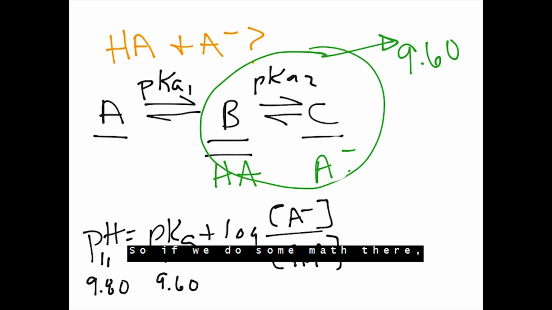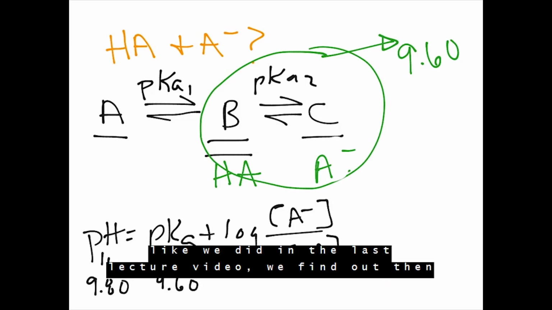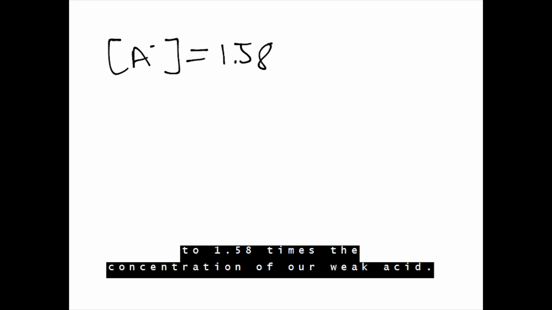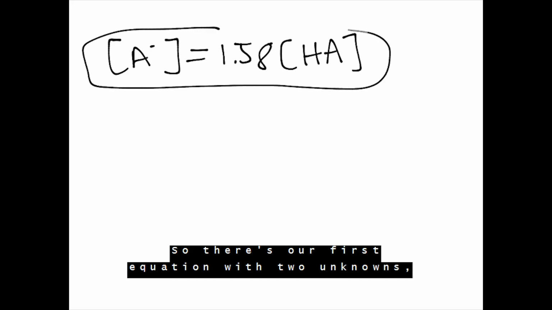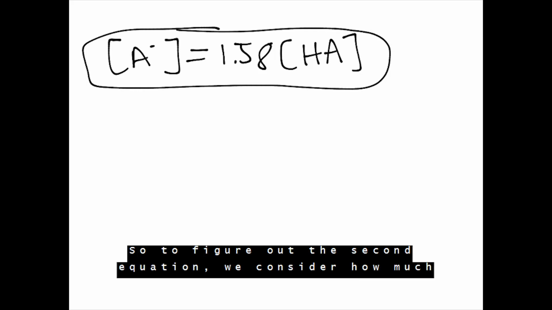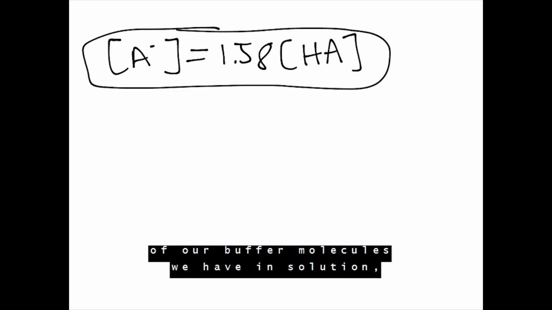So if we do some math there, like we did in the last lecture video, we find out that the concentration of A minus is equal to 1.58 times the concentration of our weak acid. So there's our first equation with two unknowns. So now we need our second equation. To figure out the second equation, we consider how much of our buffer molecules we have in solution.